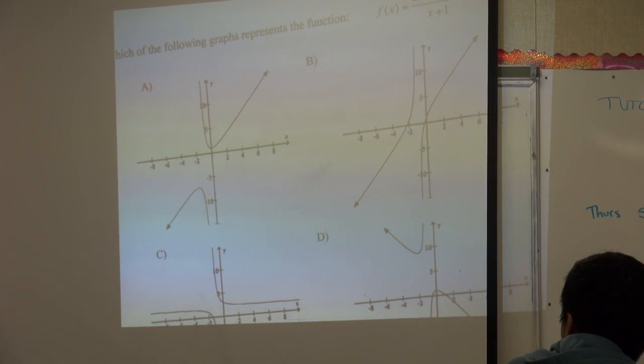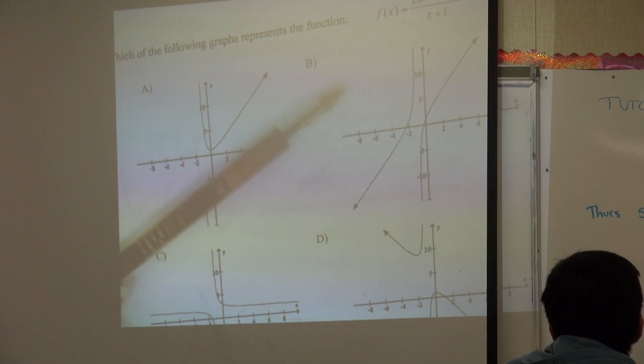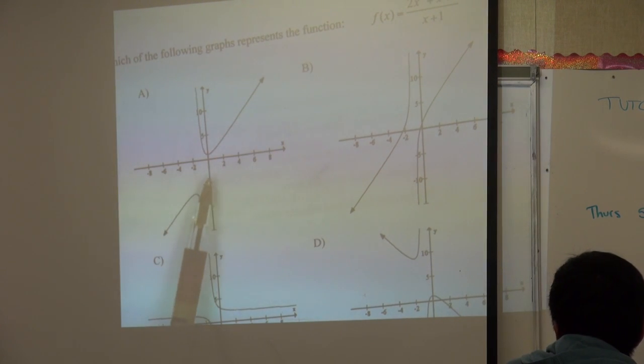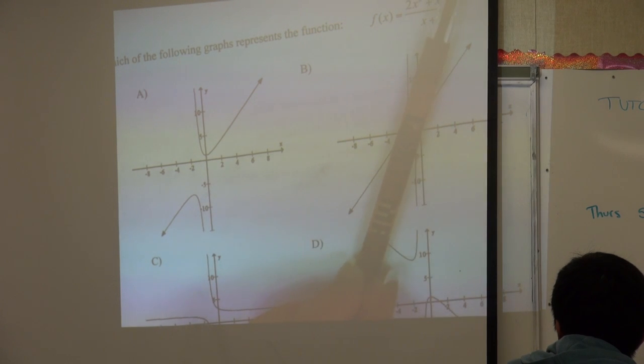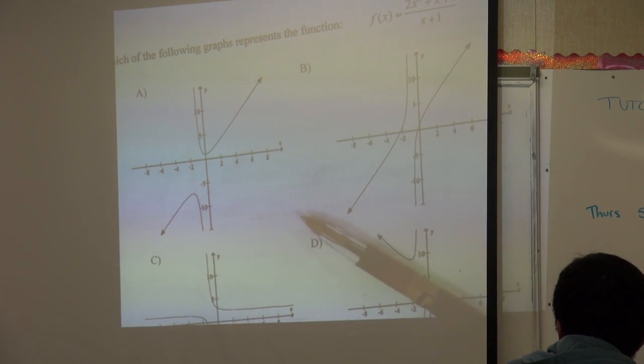Then you have to figure out whether your slant asymptote is a positive sloping line with a negative y-intercept, a positive sloping line with a positive y-intercept, or if your slant asymptote is a negative sloping line.